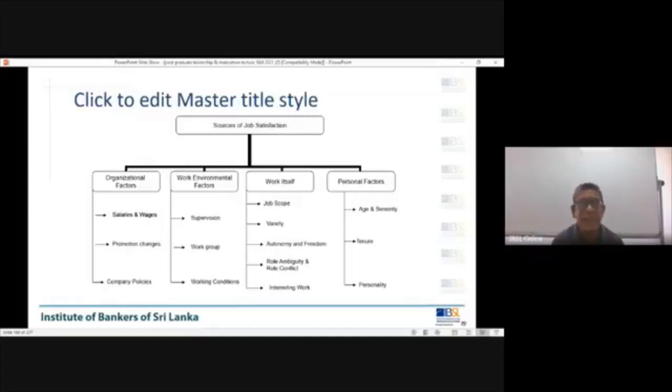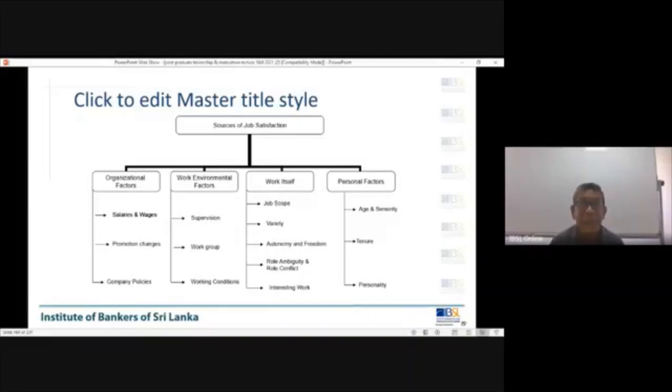Organizational factors, work environmental factors, work itself, personal factors, right? Salaries, promotions, policies, then supervision, work group, working conditions, job scope, the job itself, variety, autonomy, role ambiguity, interest, your age and your seniority, tenure, personality.